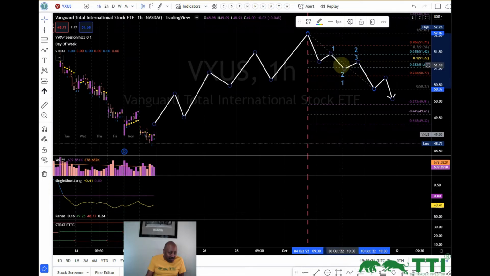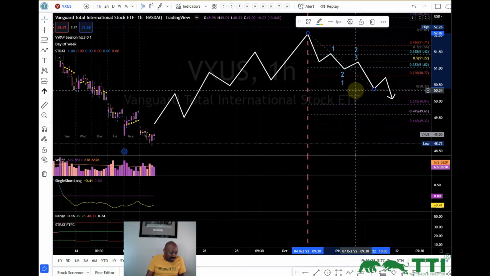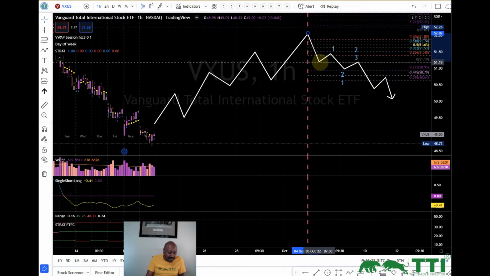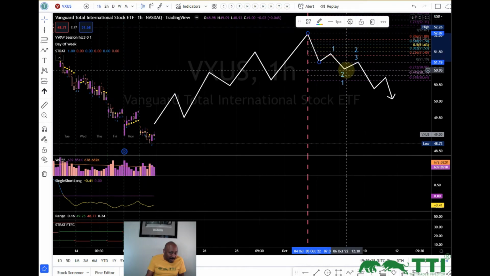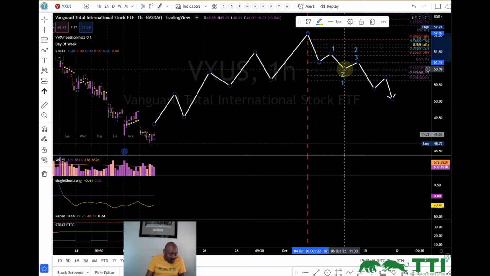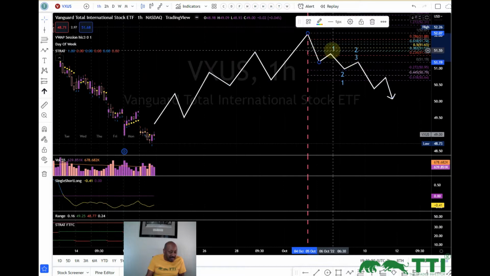If you combine your 1, 2, 3 with this fib, it's beautiful. When you're here, you see a 1 already and you see a 2, and you see that 1 has not cleared this 38.2, you see a 2, you see a 3, you'll just take it at 3 because you're seeing a lower high.